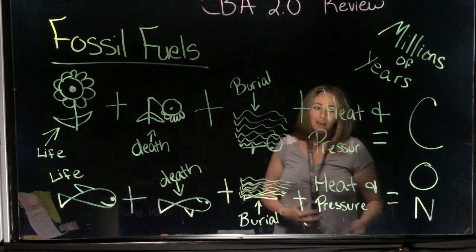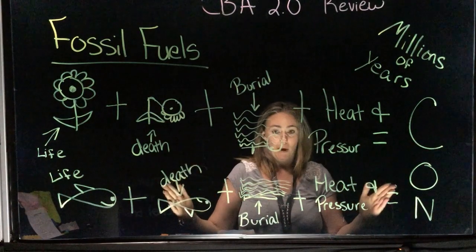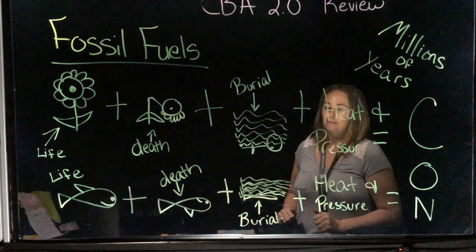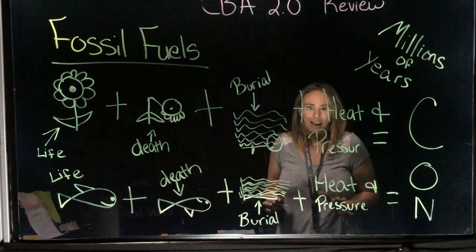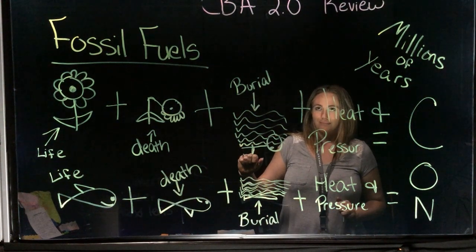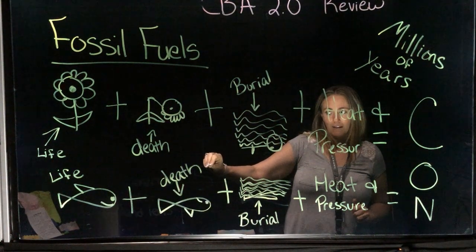All right, so oil and natural gas. Remember, they're made almost the same way, except one big difference. It's what was once alive and what had to die. Okay? So, in oil and natural gas, you have to have marine life.